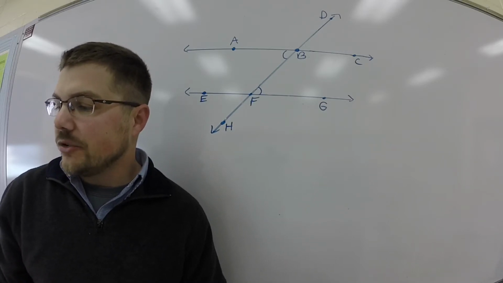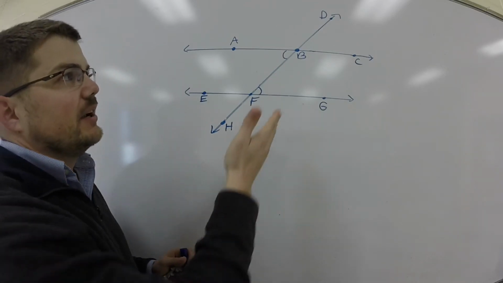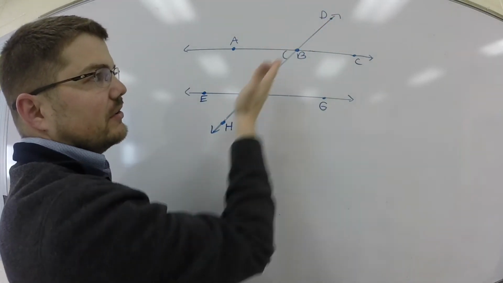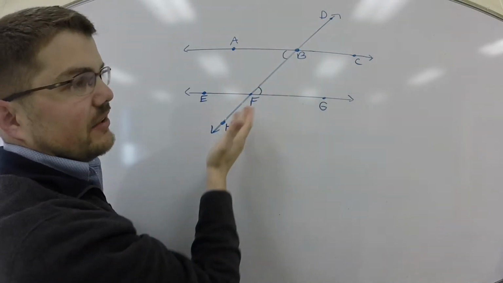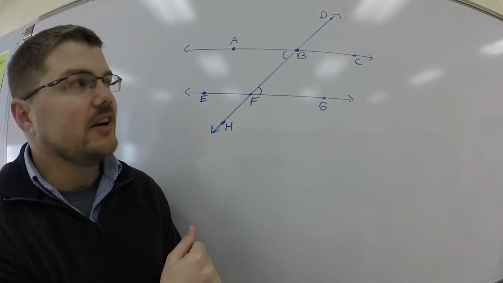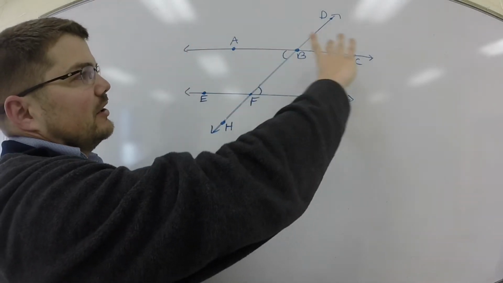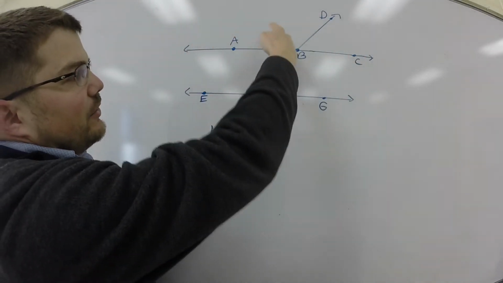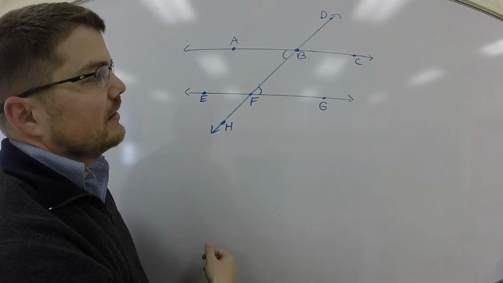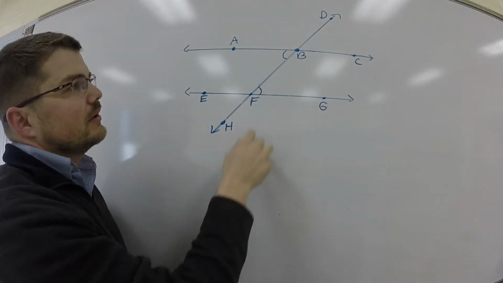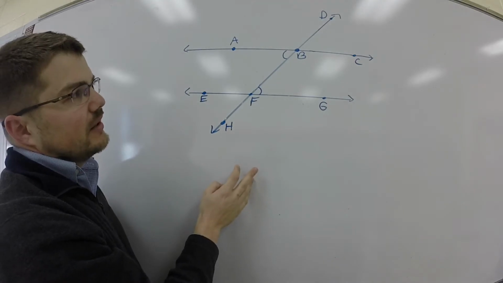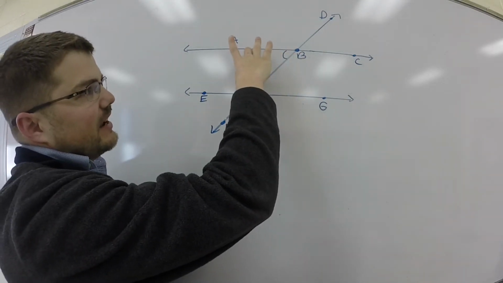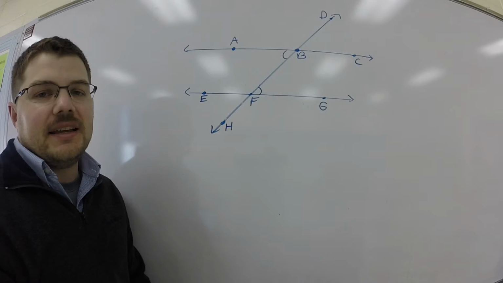If you see alternate, that means you have angles on opposite sides of your transversal. Same side means they're on the same side of that transversal. Interior means inside the parallel lines, and exterior means outside the parallel lines. So these two angles would be alternate, and they're inside the parallel lines, so alternate interior angles.